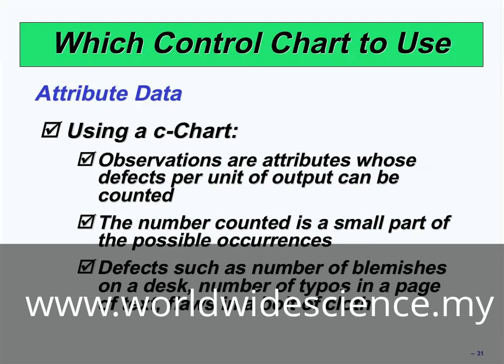And using a C chart. In using a C chart, as I told you, it gives you the number of defective. The number of defective should be directly calculated and directly used in the formula. No fraction defective. The number of defective.